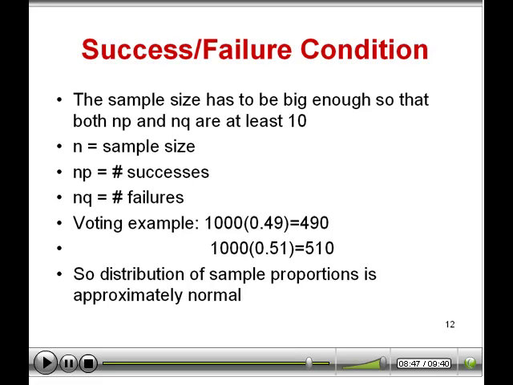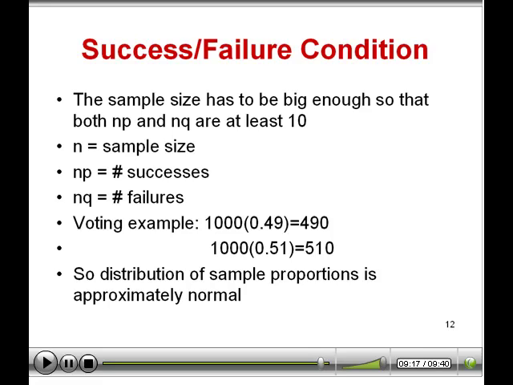The sample size n has to be large enough so that both n times p, which is referred to as the number of successes, in our example the number who plan to vote for Kerry, and n times q, which is referred to as the number of failures, which in our example is the number of people who do not plan to vote for Kerry, both of these must be at least 10.